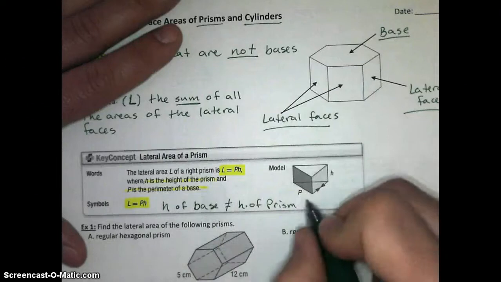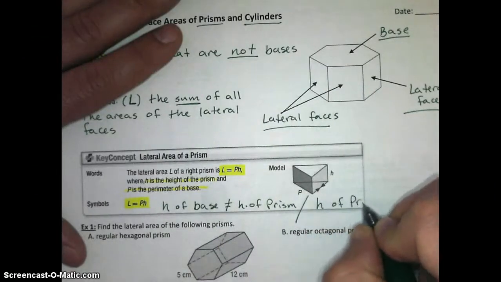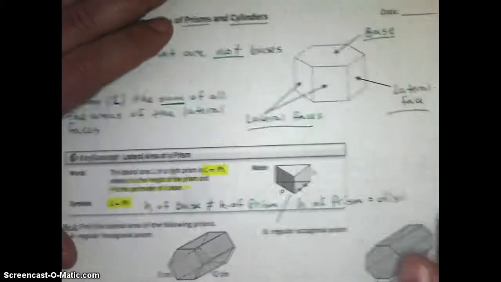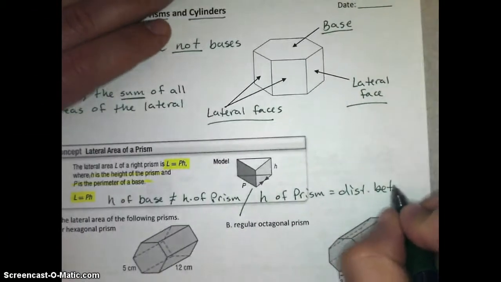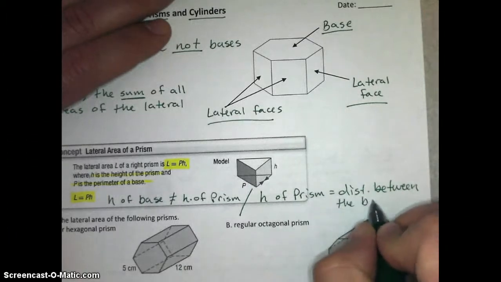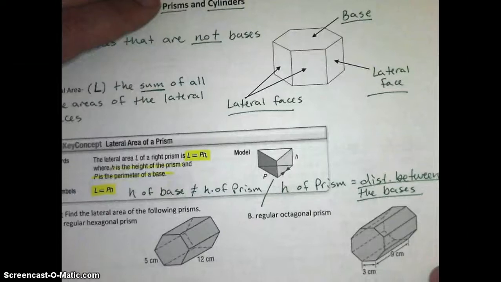All right, write that down. Okay, and then height of the prism is the distance between the bases. It's very important that we understand that so we don't get confused.